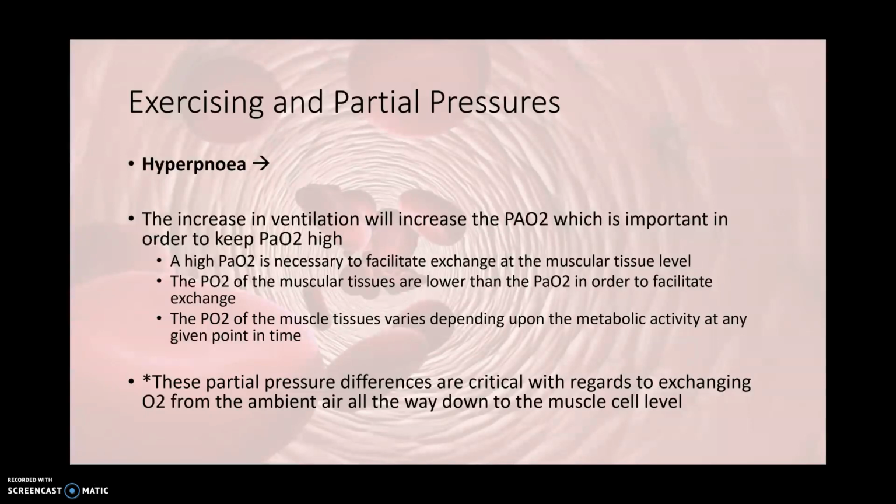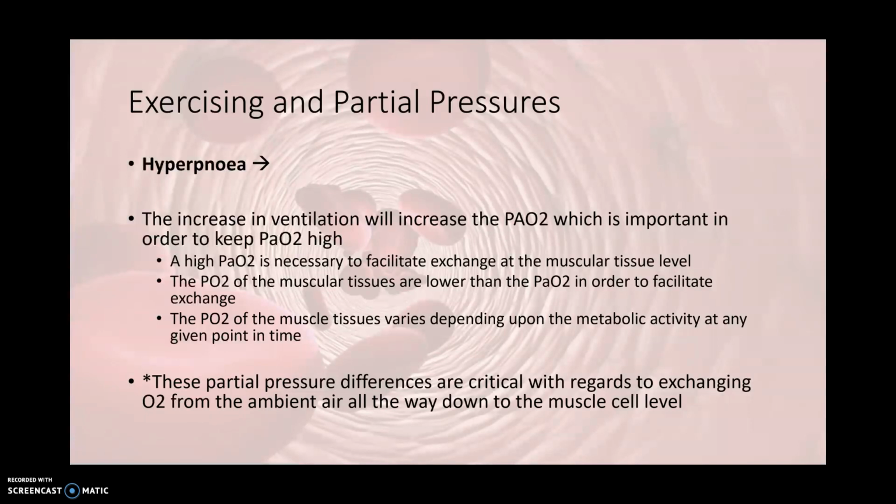Okay, so the partial pressure of oxygen in the muscular tissues is lower than the PaO2 in order to facilitate exchange, right? The partial pressure of oxygen in the muscle tissues does not have a specific value. Like I was saying, the partial pressure of ambient air is about 159 or 160, alveoli is about 100, and the mixed venous blood is about 40, which gives us our arterial pressure of about 90.